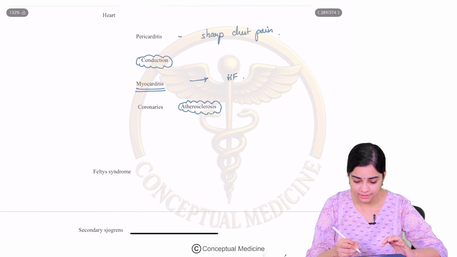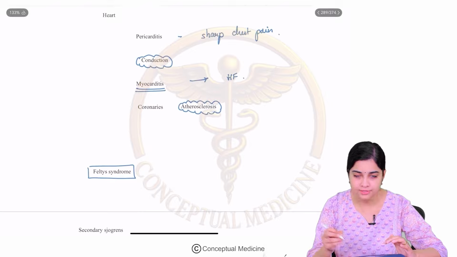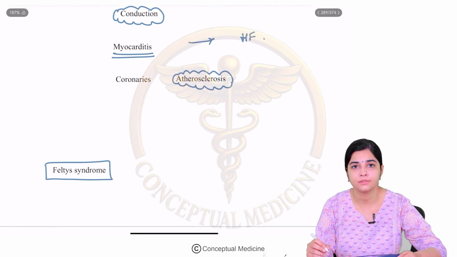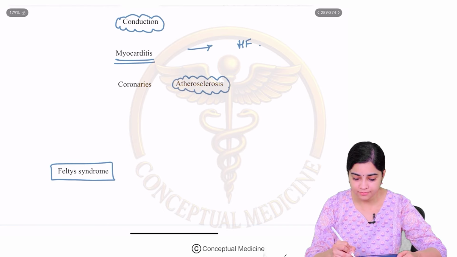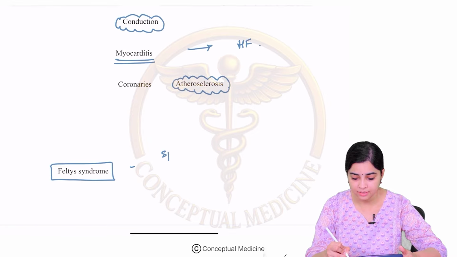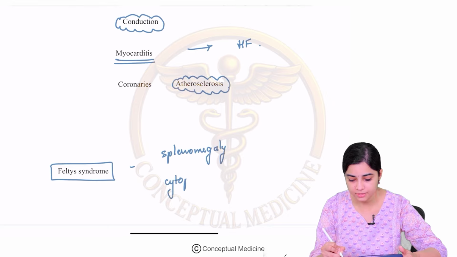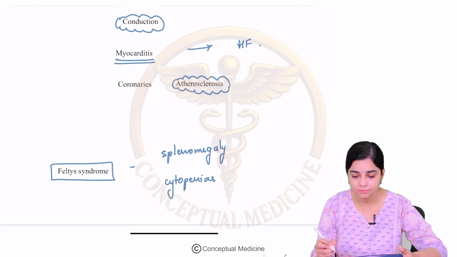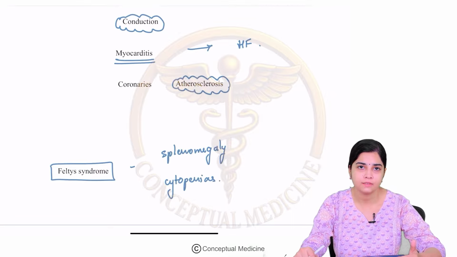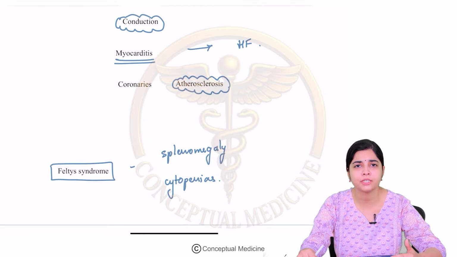Then another very important hematological manifestation of rheumatoid arthritis is what we call Felty syndrome. In Felty syndrome, a patient of rheumatoid arthritis develops severe splenomegaly with cytopenias. The cause often is unknown.